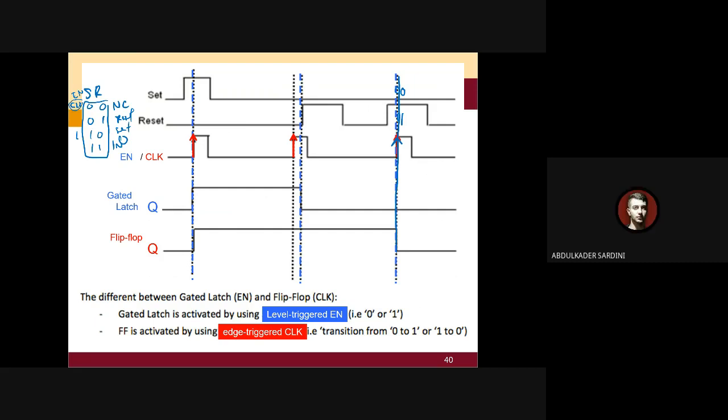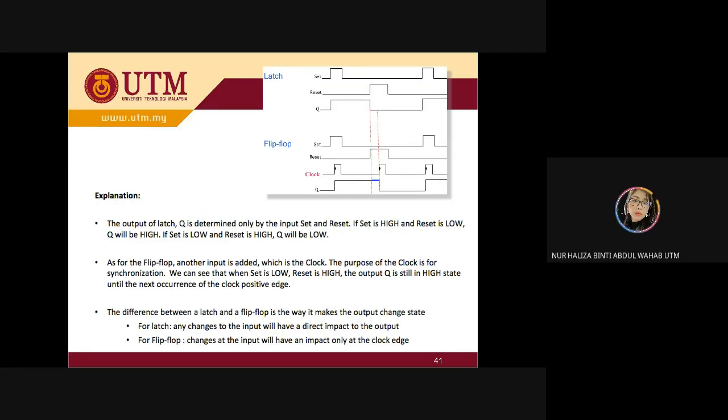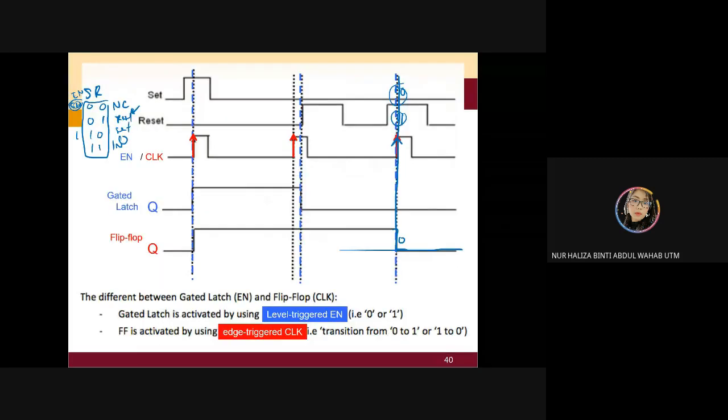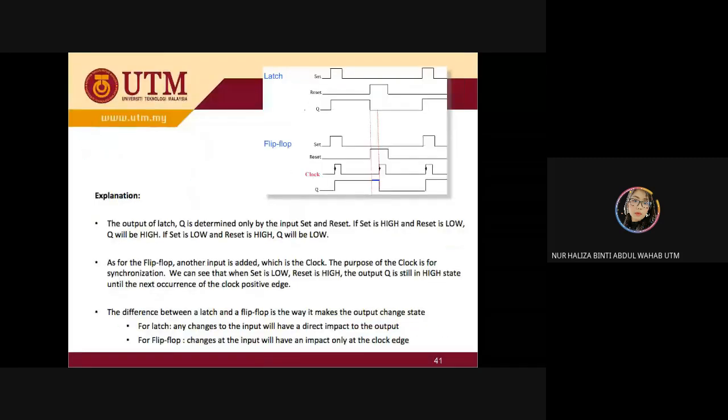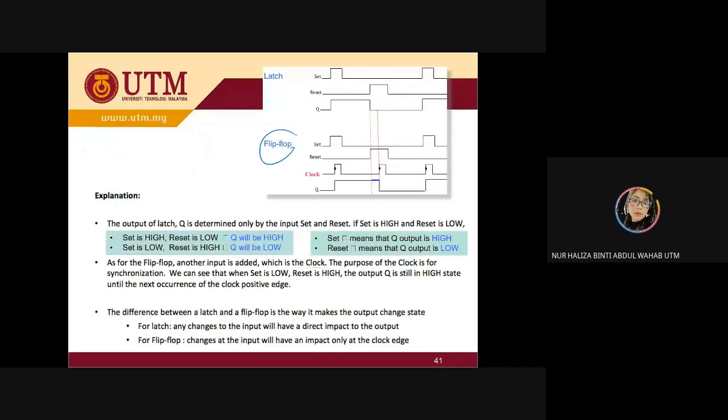Now for flip-flop, it is at the clock. So if here is 0 1, 0 1 will be reset. That's why you go down to be a 0. Okay. I see, Doctor. Thank you. Okay, thank you. So now you need to also remember the table for the SR flip-flop, but it's basically similar. Here you will be given it also.